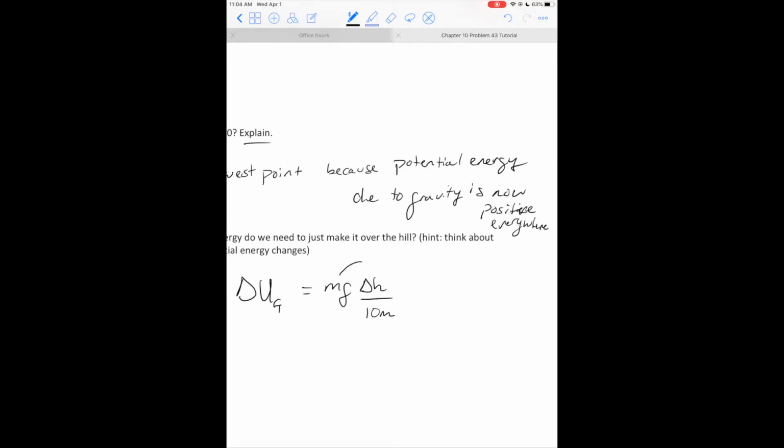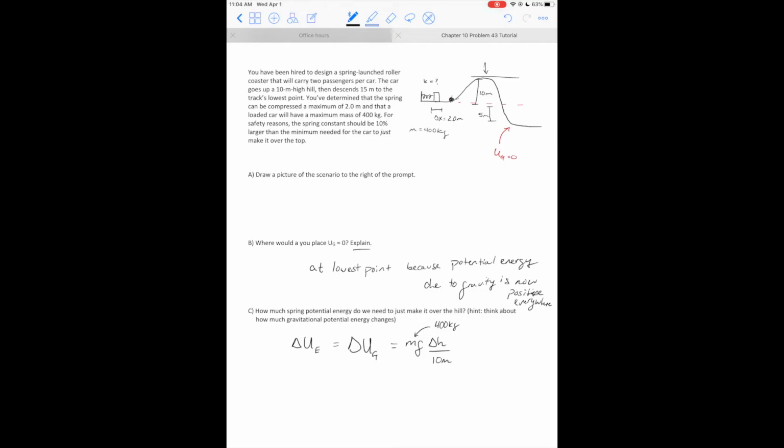We know that our mass is 400 kilograms, and we know g is gravitational acceleration of 9.8. So then on this side, I have 1/2 k delta x squared, right?